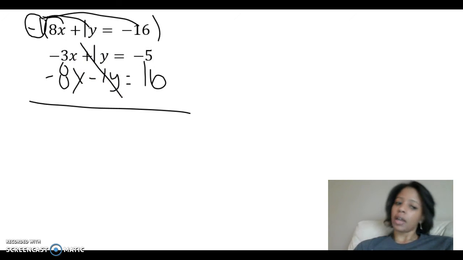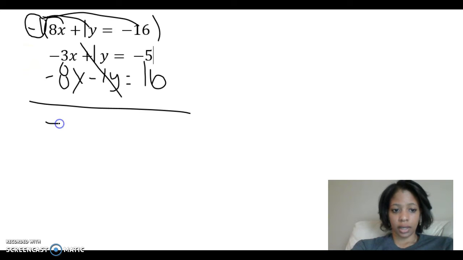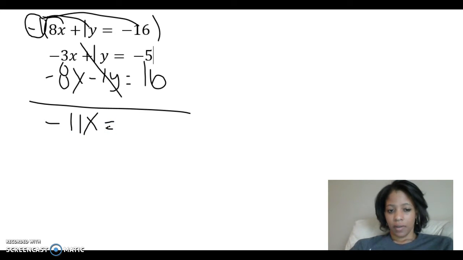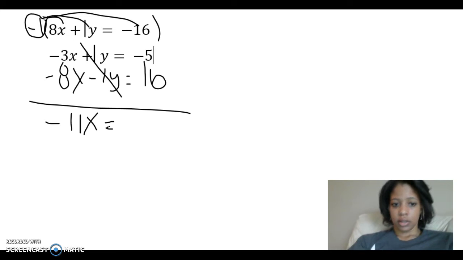So now when I'm adding together, I have negative 3x plus negative 8x. So really it's like negative 3 minus 8, which is going to be, they're both negative, so it's going to be negative 11x. My y's have canceled out, so I don't have them. Equals, now negative 5 plus 16, which is the same as 16 minus 5, is positive 11.